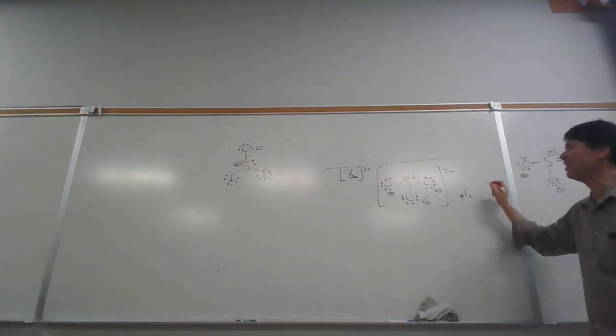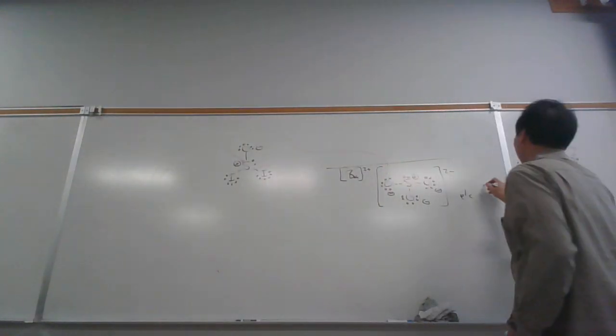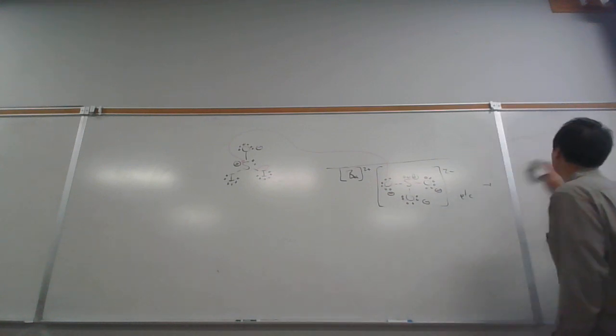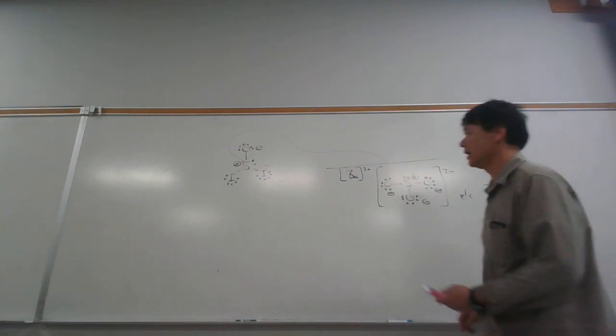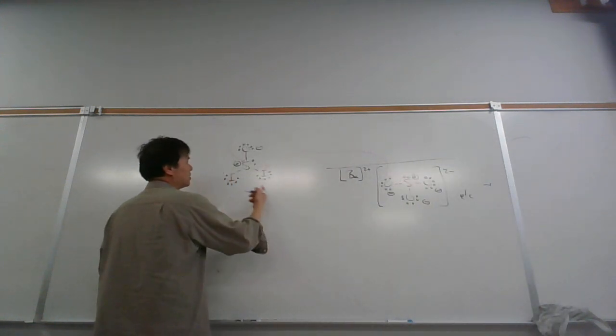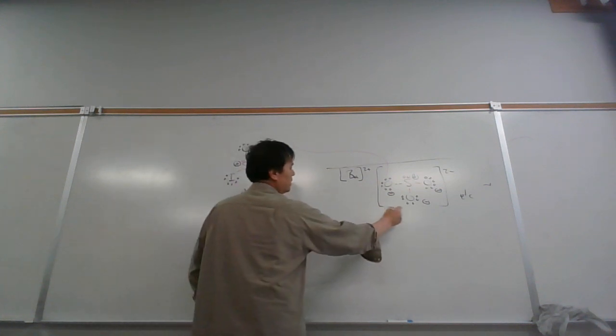This would be step one of a multi-step mechanism. We're not going to look at the whole multi-step process because it can get complicated, but we can see how we can do this along the way. And even though this can act either as an acid or a base, in this particular reaction, this one is going to be the acid, and this one will be the base.